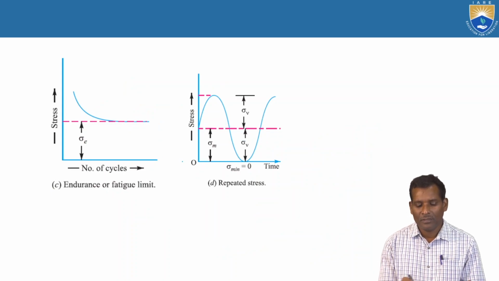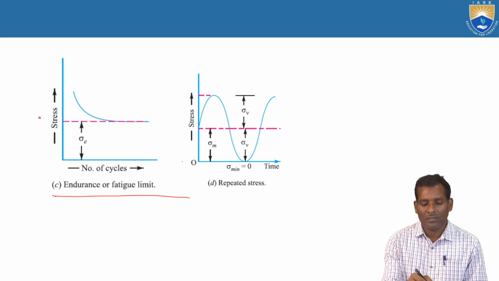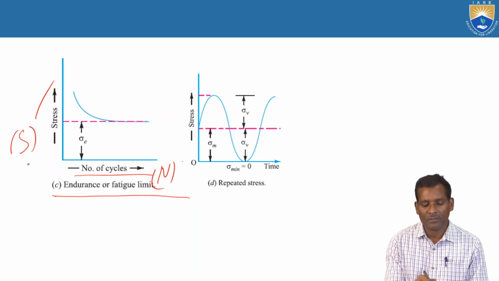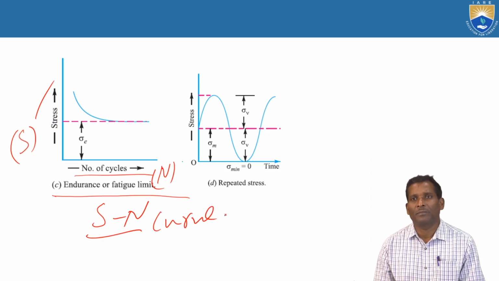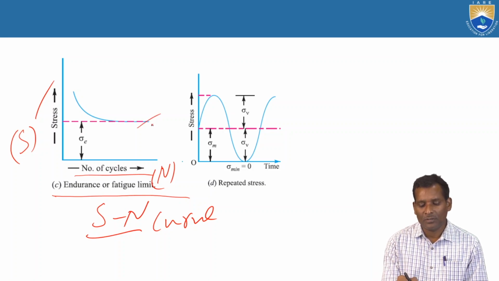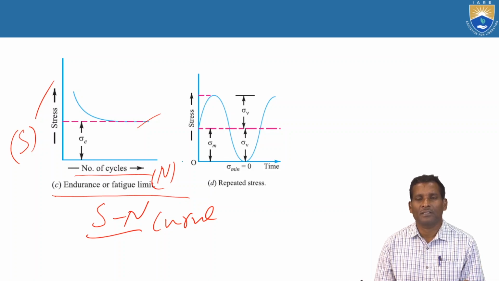In this diagram, the endurance limit or fatigue limit is shown: stress versus number of cycles, N and S. So this diagram is called the SN curve or SN diagram. See the dotted line shown up to here, the component will not fail. Beyond this dotted line, the component will fail due to the repeated stresses.